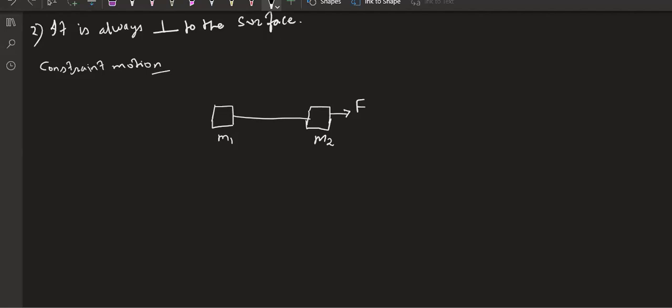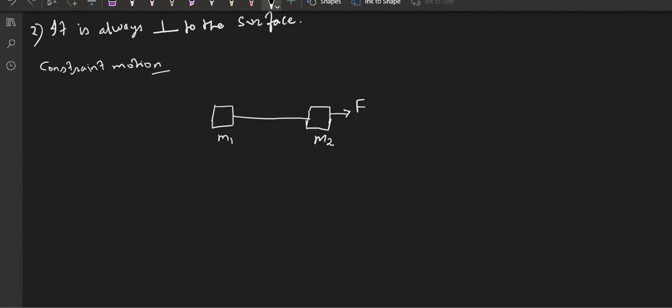Yes, exactly. So I can say that this type of motion is called constraint motion. When you talk about constraint motion, there's always more than one object. So this is the simplest problem of constraint motion.